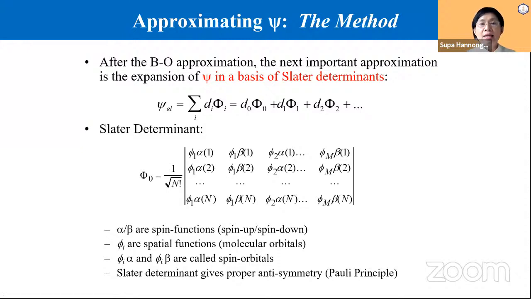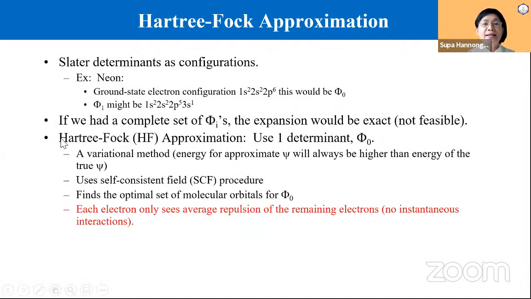But the key that I would like to emphasize at this stage is that it depends on only one Slater determinant. It depends only on the ground state electron configuration.